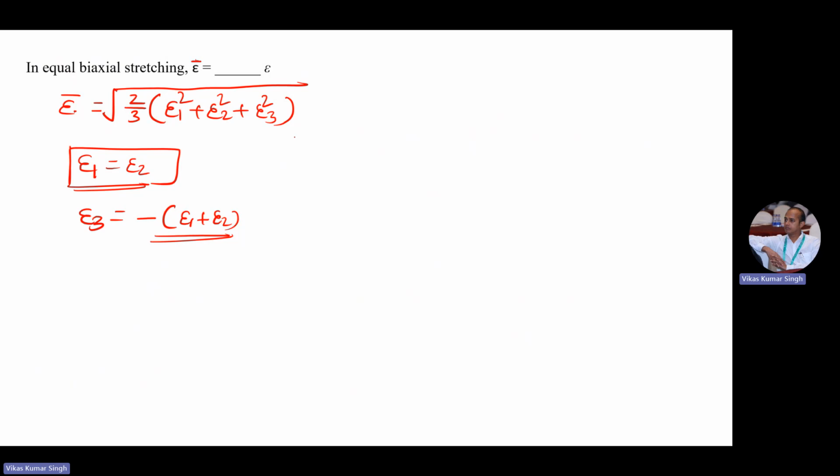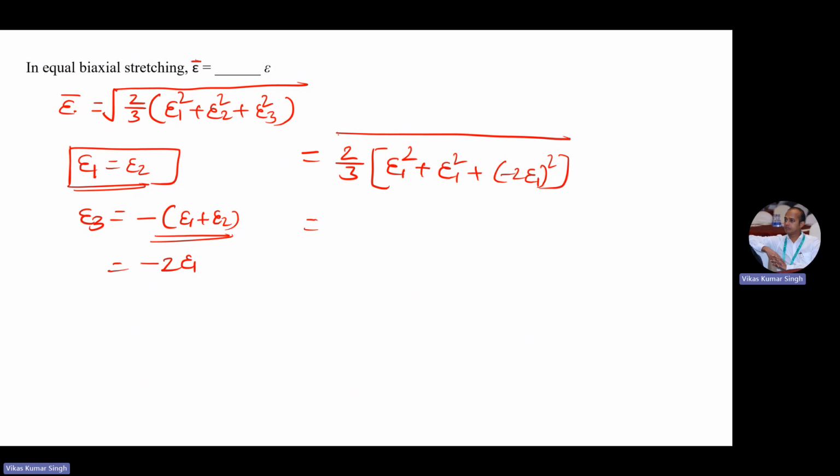Now, if we put all these values over here, what will it give? I'm writing in terms of epsilon 1 only. This will give epsilon 1 square, this will also be epsilon 1 square, plus epsilon 3. Since they are equal, I can write epsilon 3 as minus 2 into epsilon 1, squared, all under the root.